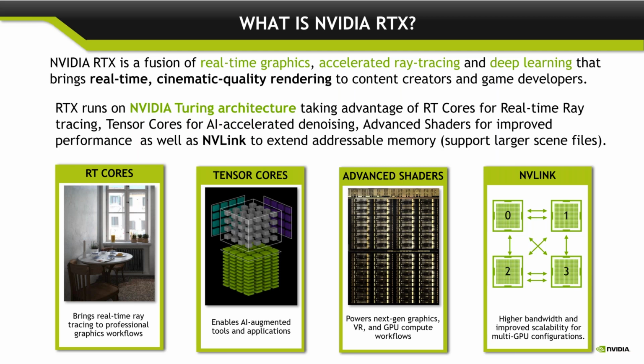Anything related to ray tracing, any algorithm, any mathematical calculations which are a part of ray tracing, can be offloaded to this specific set of cores, which basically means your CUDA cores, which are in charge of creating all the textures and doing all the calculations, are no more in charge of the ray tracing part. Imagine taking off around 40 to 50% of the task, which is a part of the rendering cycle, from the GPU and offloading it to a separate set of cores which are designed for doing only that.